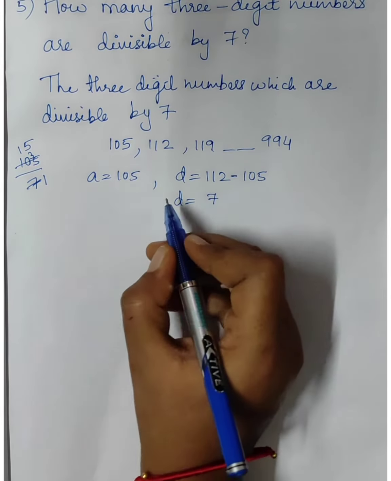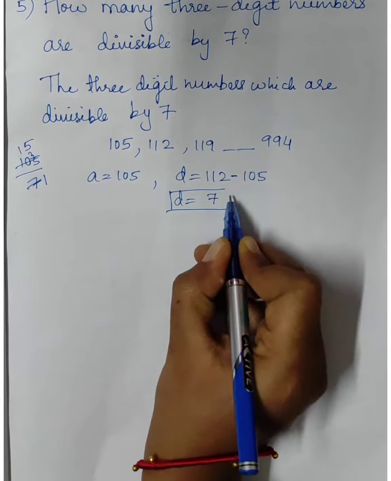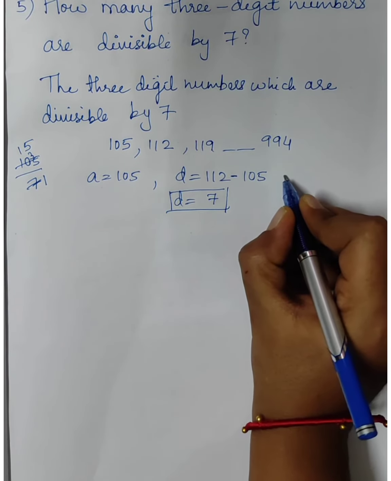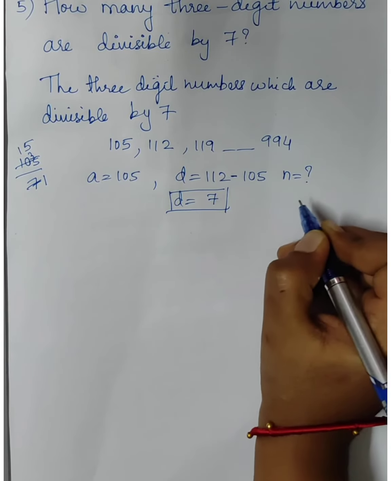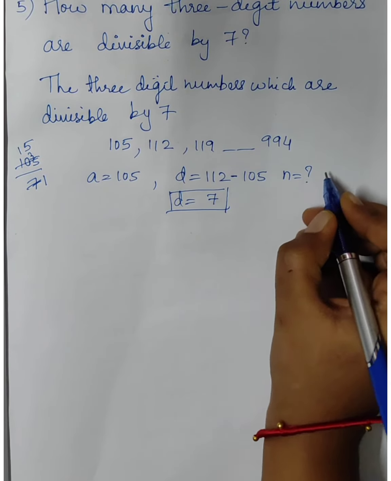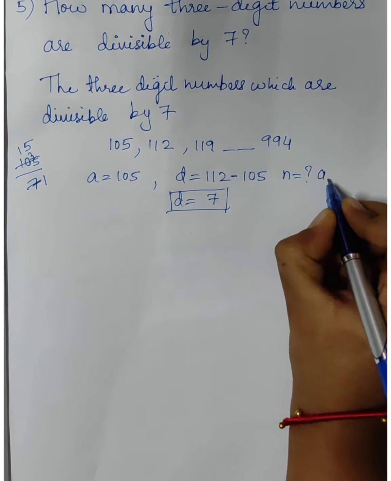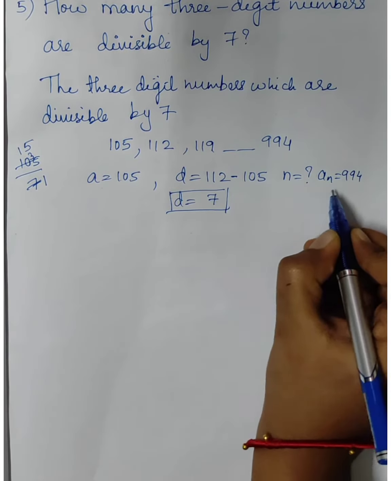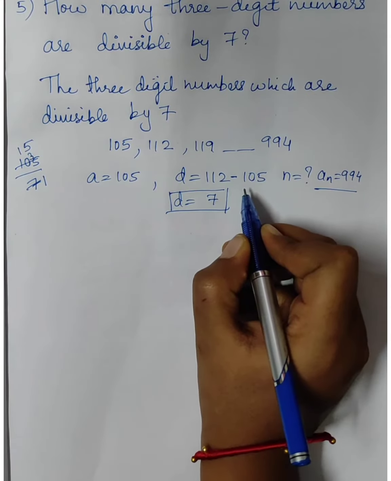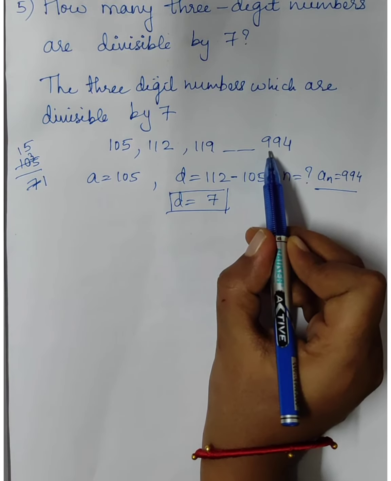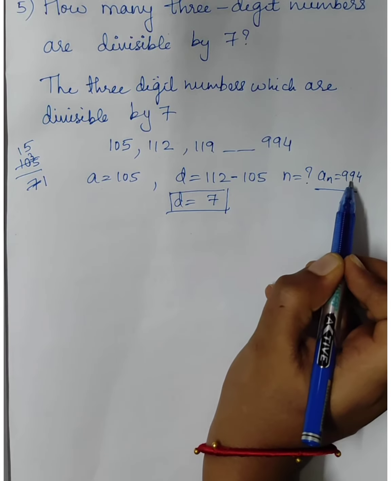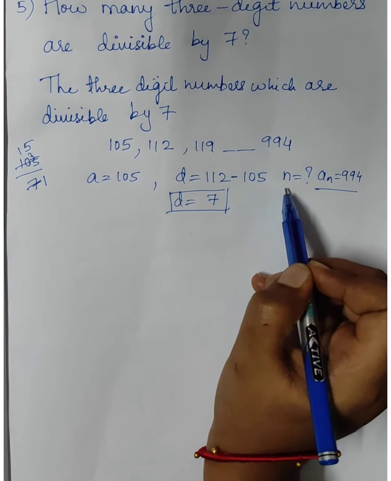You are going to get it as 7. Okay, the value of D is 7. Now what is the N value? We don't know. We need to find this. And what is AN? AN value is 994, because I have taken the end term, that is the last term, that is AN is equals to 994, and we don't know what is the value of N.